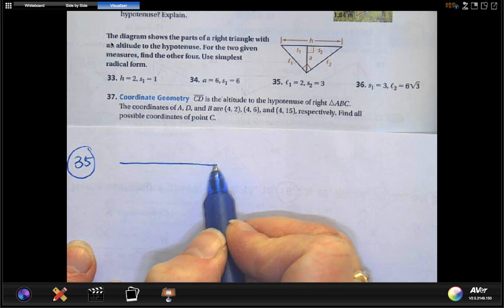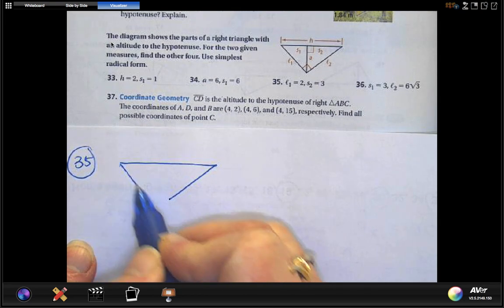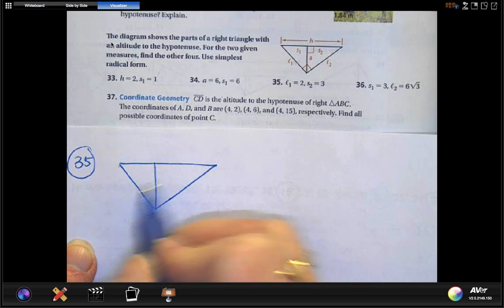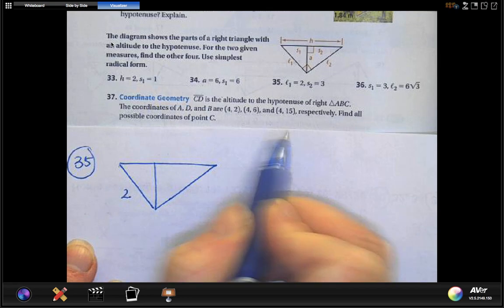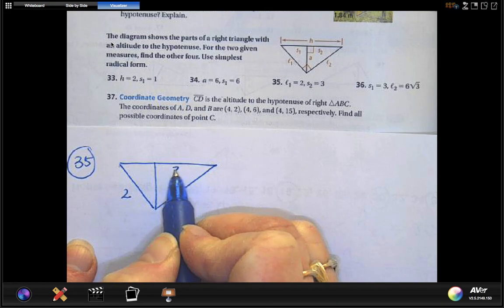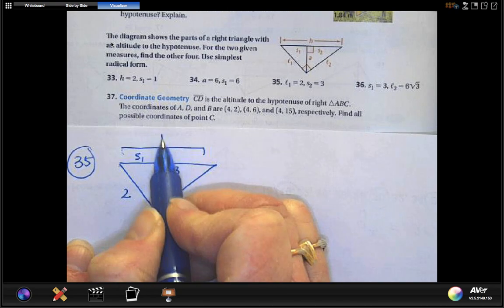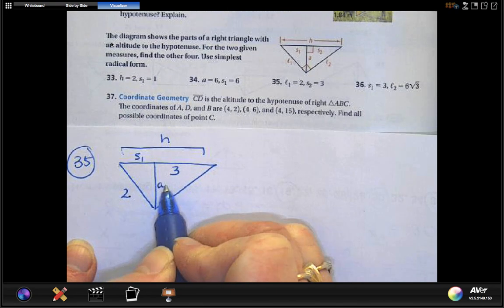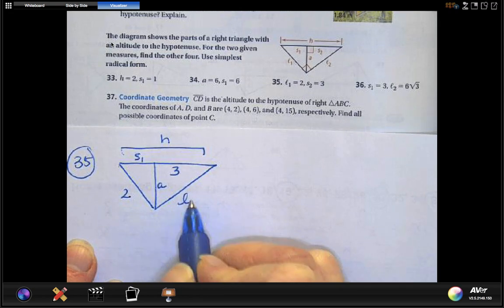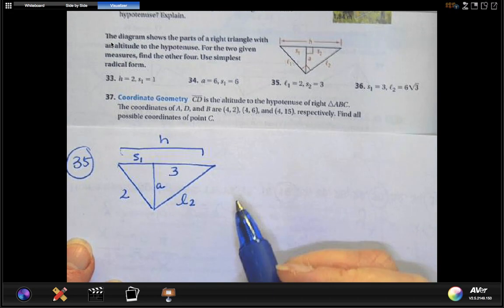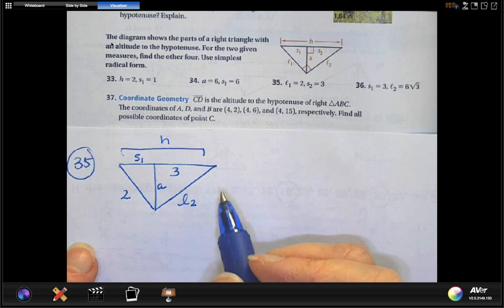So let's see here. L1, it tells me, is 2. S2 is 3. So S1, I don't know. I don't know the whole hypotenuse. I don't know the altitude, and I don't know L2. All right, so let's set up some equations here and see what we can solve.